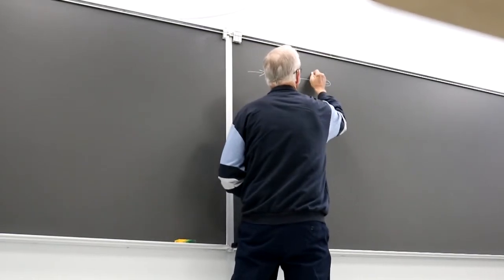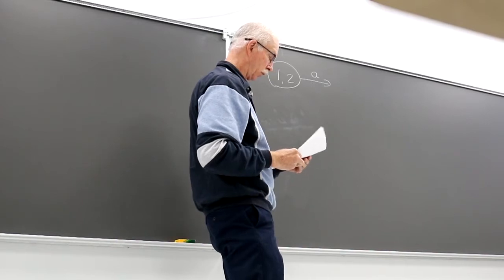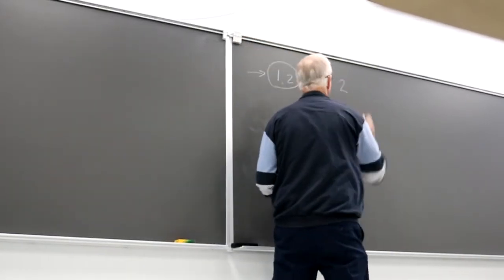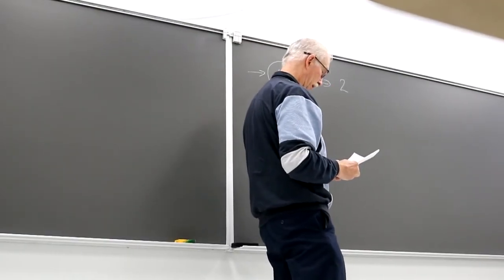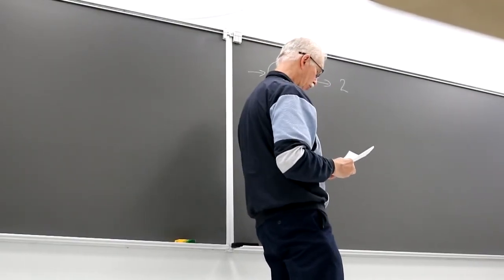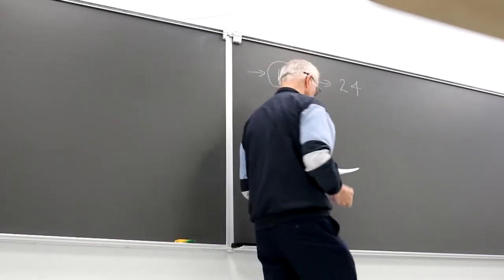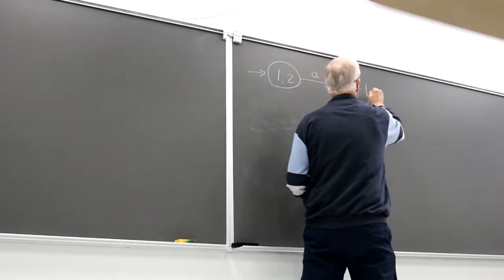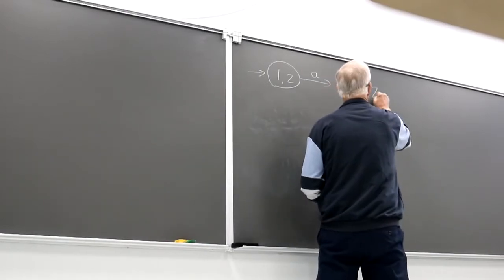Now we might consume an A. Well, if we're in state 1 and we consume an A, it goes to 2. 2 on empty goes nowhere. All right? So 2 on A goes to 4. 4 on empty goes to 1. 1 on empty goes to 2.